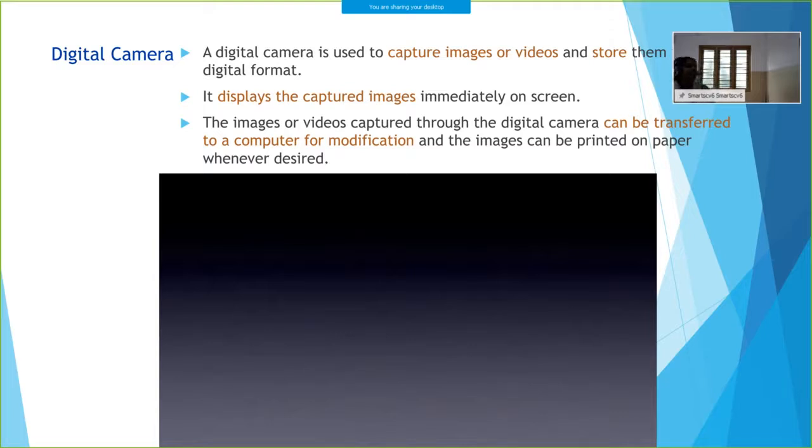It displays the captured images immediately on the screen. The images or videos captured through the digital camera can be transferred to a computer for modification, and the image can be printed on paper whenever desired.